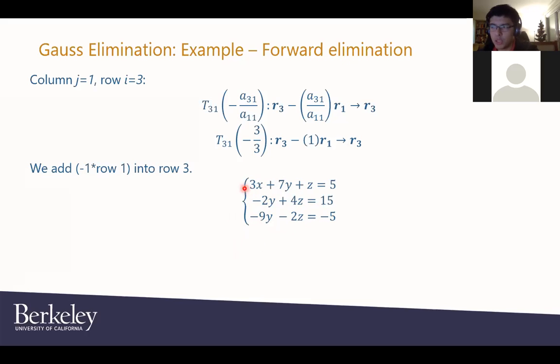We want everything below the diagonal to be 0, so we don't want an X on this row. We can use row 2 because it doesn't have an element on X. We will not be contaminating our third row with something on X.